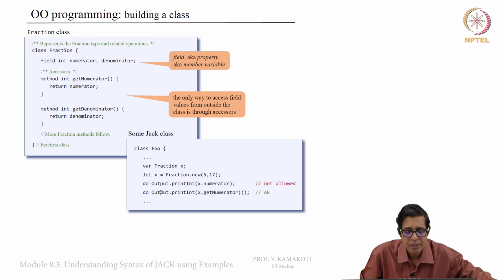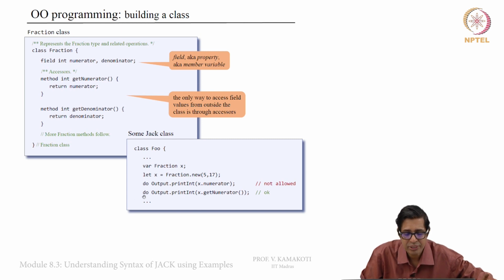Now, if I want to access the numerator, I can't say x.numerator, this will not be allowed. Any field I want to access, I have to go through these methods. I can't directly access x.numerator like in the struct case, where I could have said x.numerator.